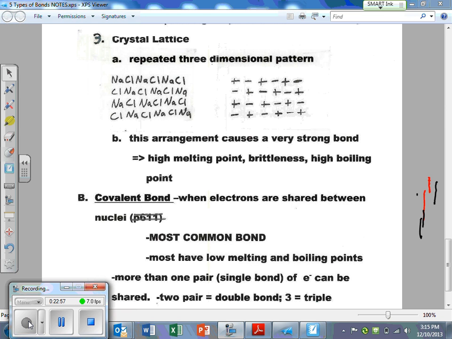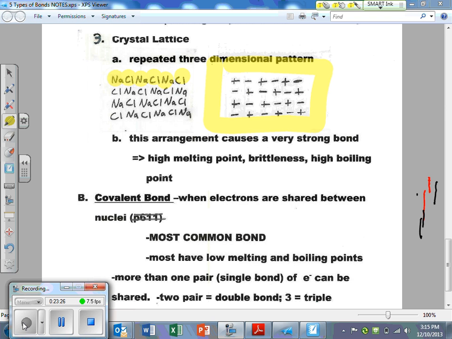What happens when we have an ionic compound? We form what is called a crystal lattice. If you look at this, you can see there's a regular repeating pattern. That's what a crystal is, a regular repeating pattern. It's an alternating plus-minus pattern where sodium's plus, chlorine's minus, sodium's plus, chlorine's minus.